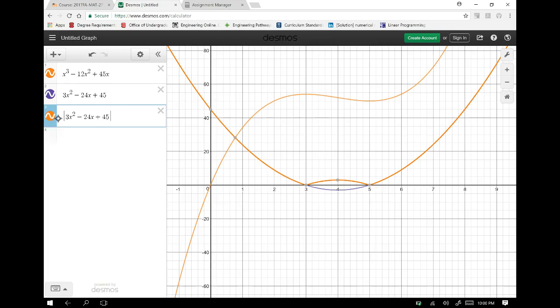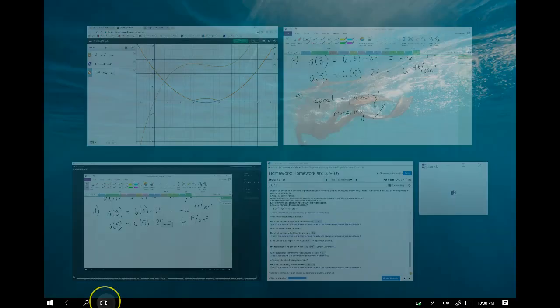But we're going to stop at 7, because the problem says stop at 7. So we've got this little increasing piece from 3 to 4, and then an increasing piece from 5 to 7. So all we're doing to get the speed graph is taking the absolute value of our velocity graph. And then it's increasing anytime the function is going up from left to right.